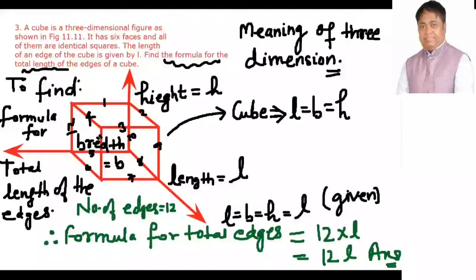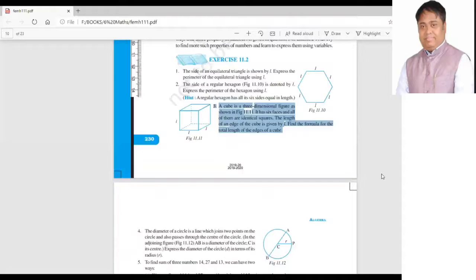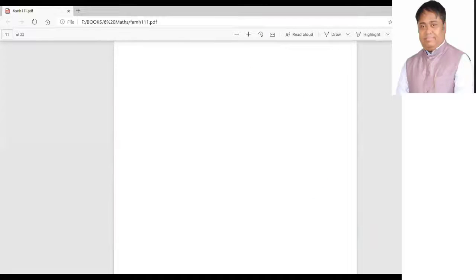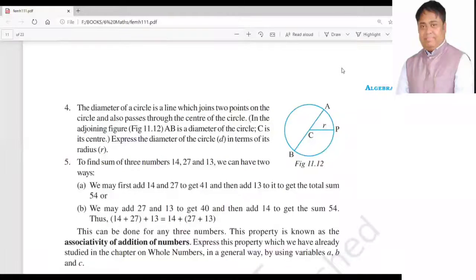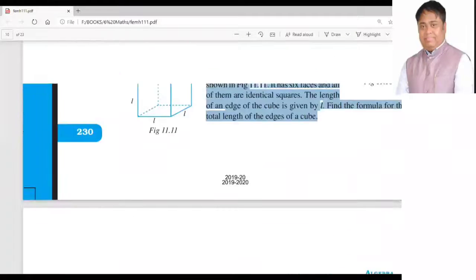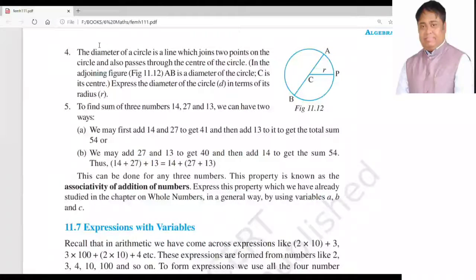Now we'll see the next question. The diameter of a circle is a line which joins the 2 points of the circle and also passes through the center.